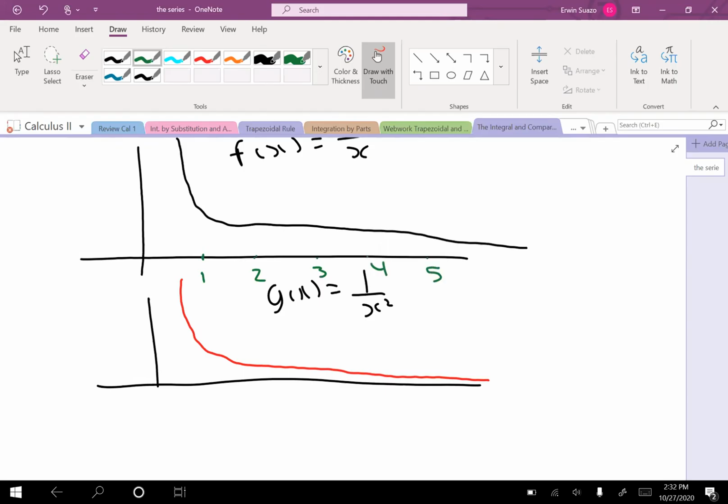Or better, you can see it like a left Riemann sum. You can visualize a sequence as a left Riemann sum.